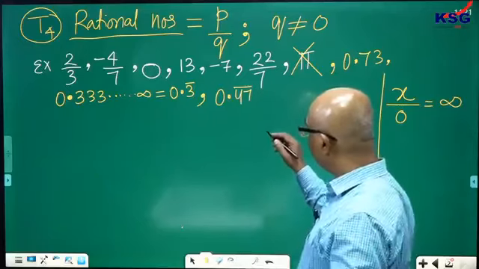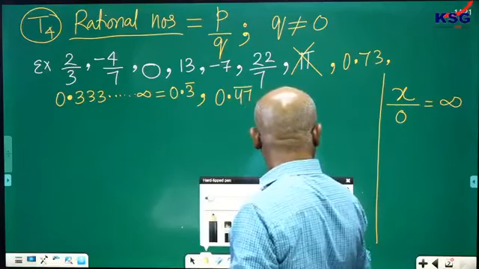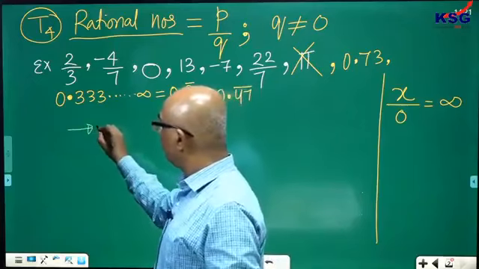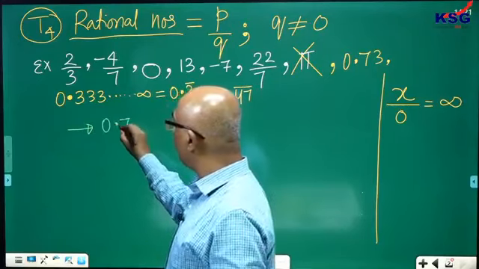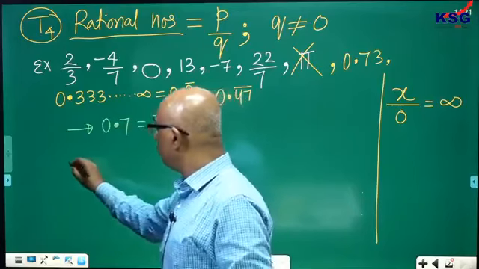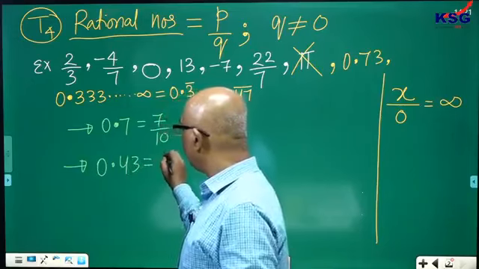Students, focus here. 0.7 can be written as 7 by 10. 0.43, please concentrate here, is 43 by 100.